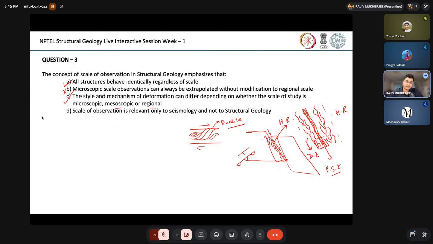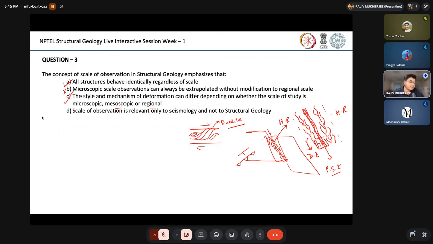Right? Now, having said that, why am I saying that the statement that microscopic scale observations can always be extrapolated without modification to regional scale is wrong? Can you present any argument for why I am saying so?